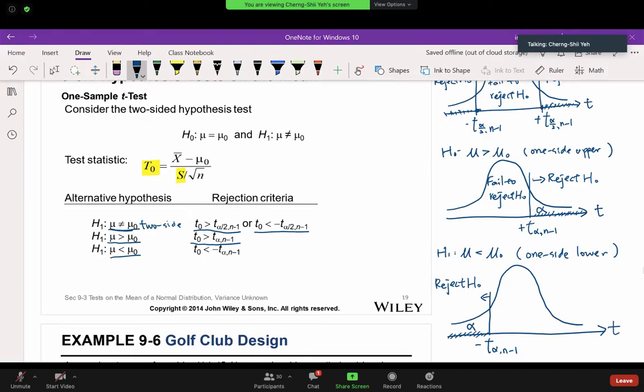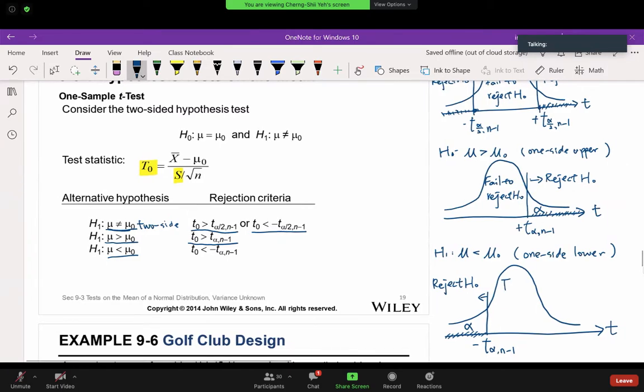In other words, if my test statistic is located inside the confidence interval, inside means greater than this lower bound, we fail to reject the null hypothesis, which is here.